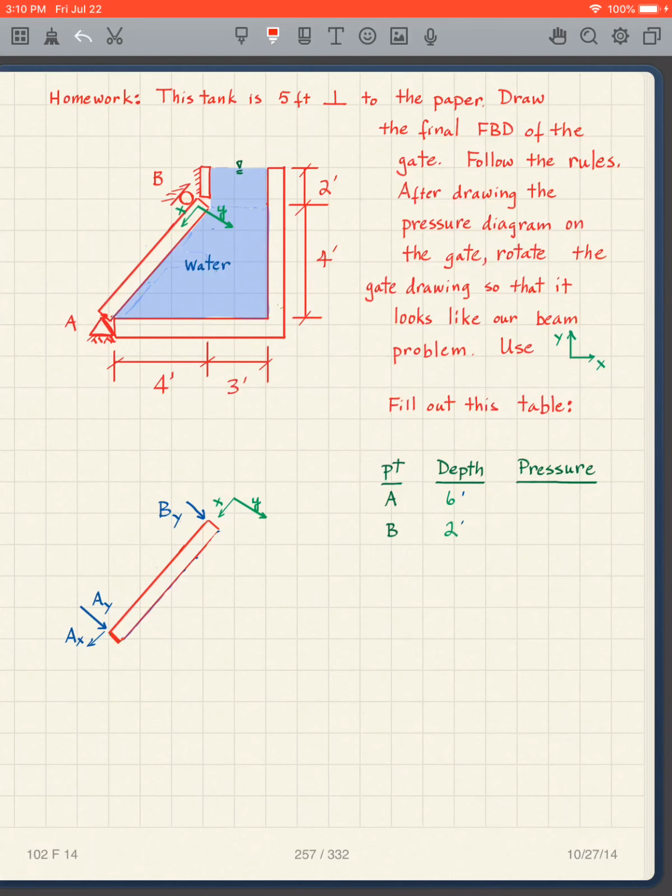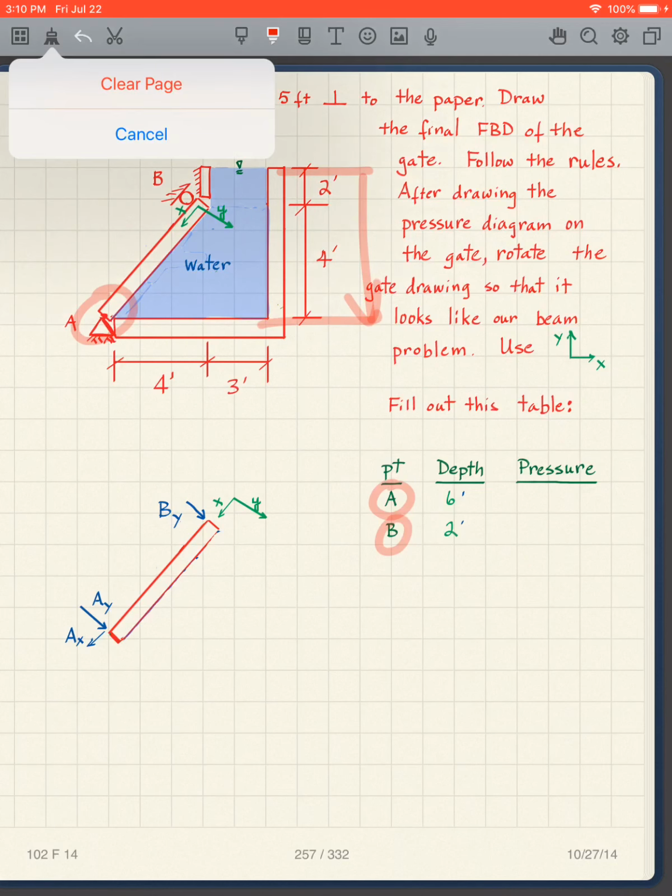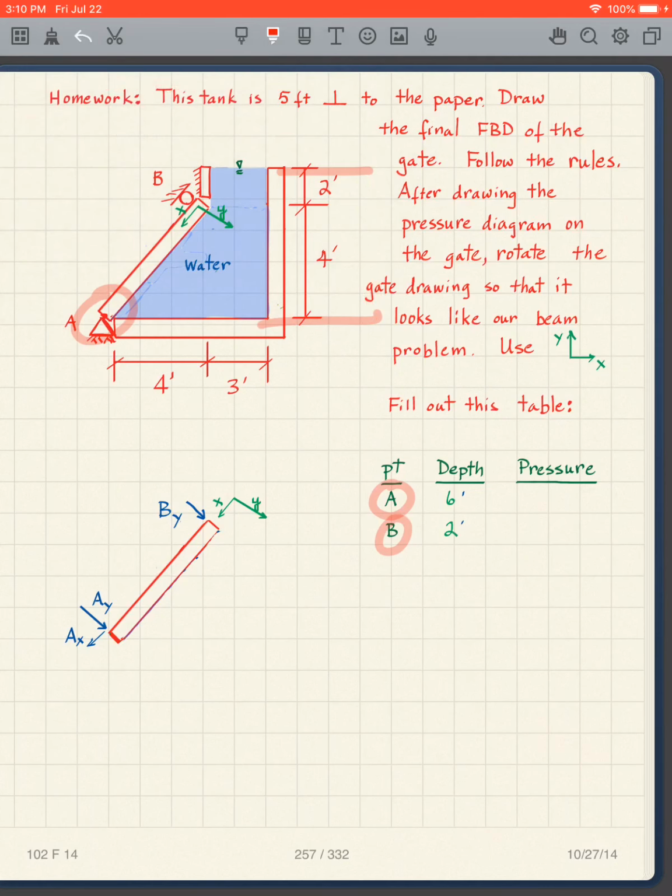I filled out part of it for you, point A, point B. Well, point A is at a depth of 6 feet. Point B is here. It's at a depth of 2 feet.